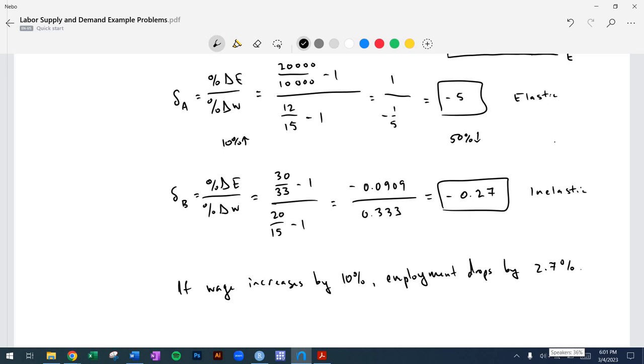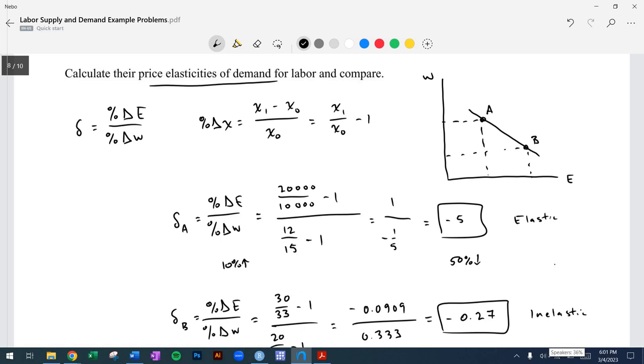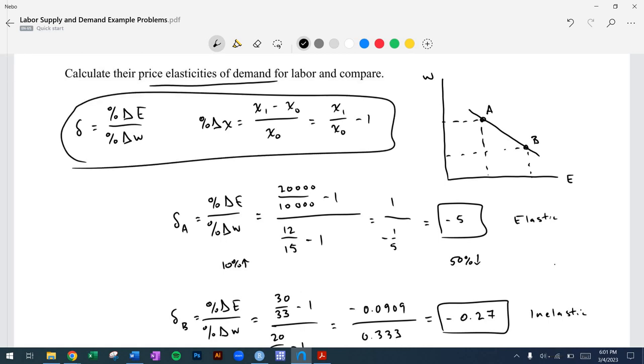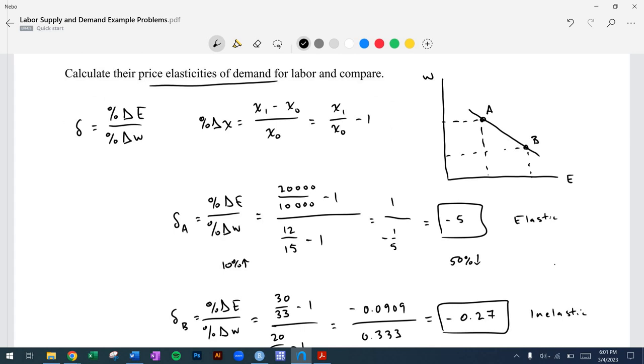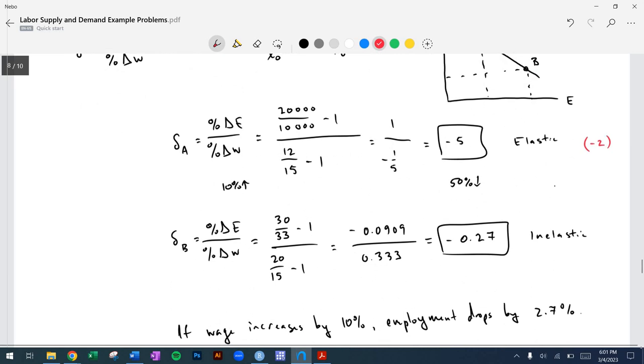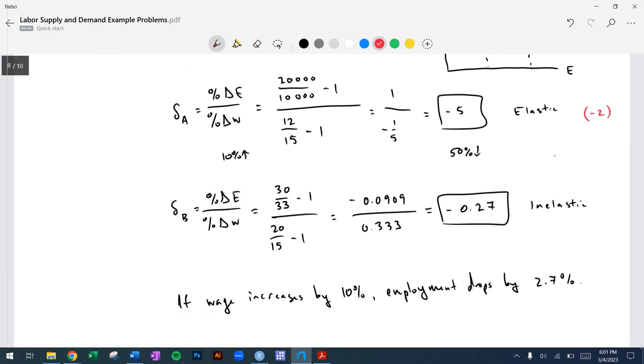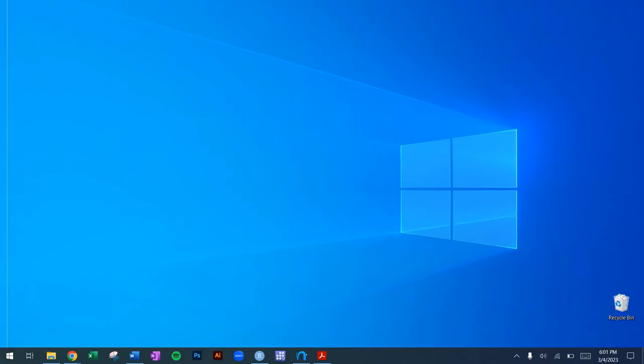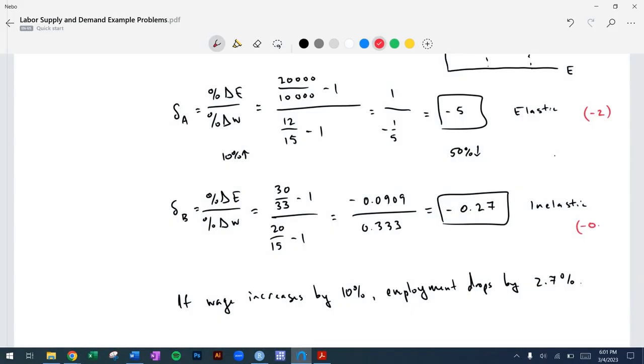Okay, so that's it. It's simply these percent change calculations, and if we did it the other way around, we'd have slightly different numbers. It might actually be a nice way to cross-check yourself. If we went the opposite direction, then up here you would calculate this elasticity to be 0.2, and down here, -2, and down here, you would end up calculating -0.4.